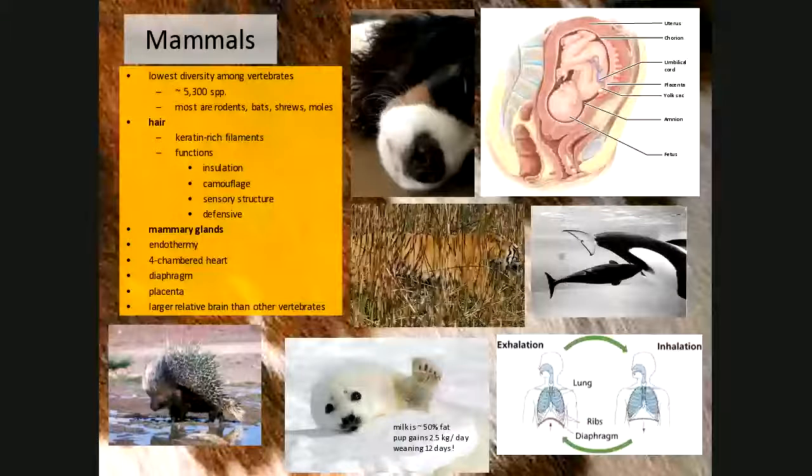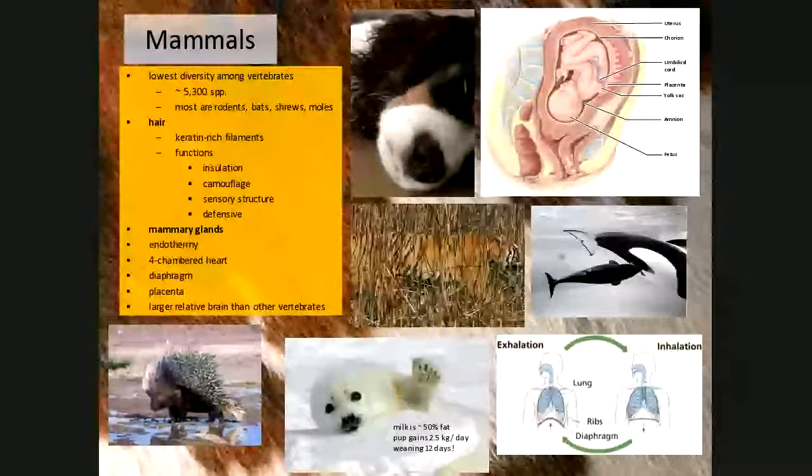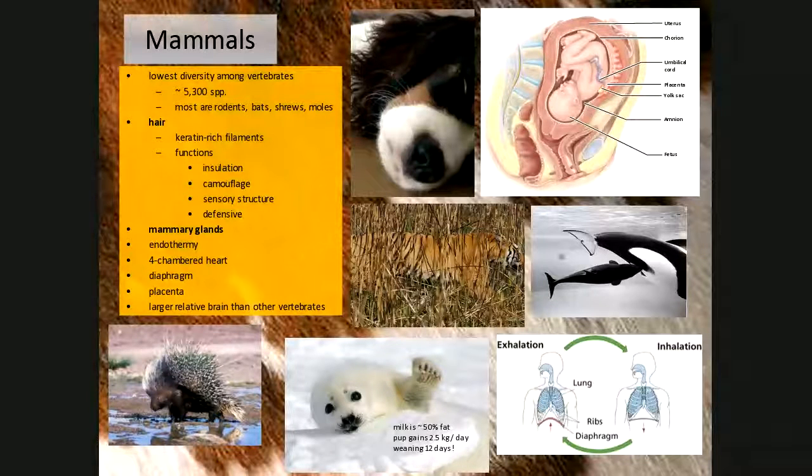Okay, so mammals, in spite of the fact that mammals get so much attention when people look at organismal biology, they have the lowest diversity, only about 5,000 species. Remember, the reptiles were some 60,000 species, 30,000 species of fish.